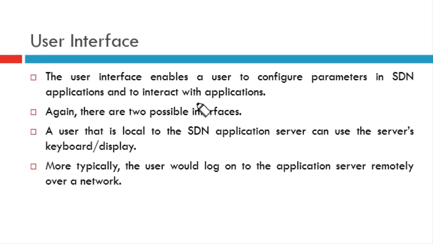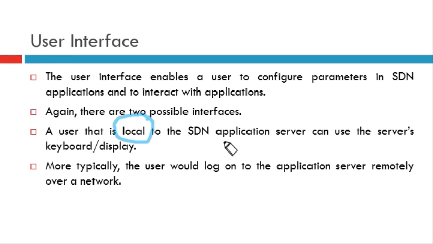Okay, so again there are two possibilities. The first possibility is that the user is local. When we say that a user is local, it means the user uses the application server directly, using the keyboard and display on the server to go to the application plane.